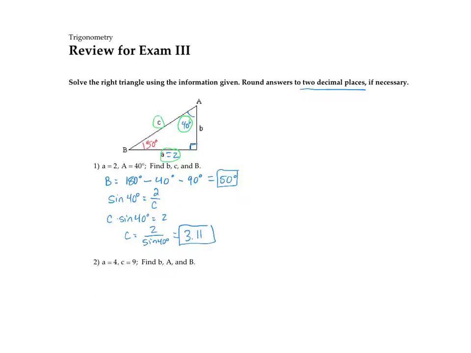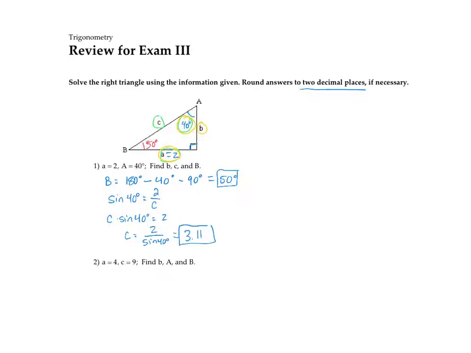I can find my remaining side, b, by either the Pythagorean Theorem or using cosine of 40 degrees. Actually, while there are multiple ways to do this, I would like to use values that aren't approximated. So I still know this 40, this 2, and this b have a trig function that relates them.